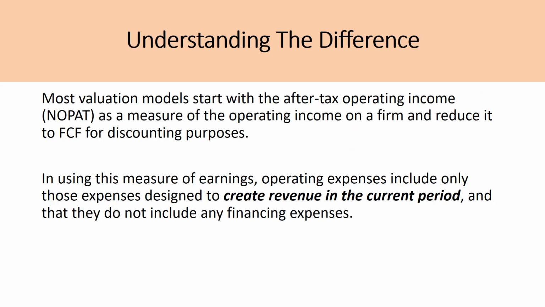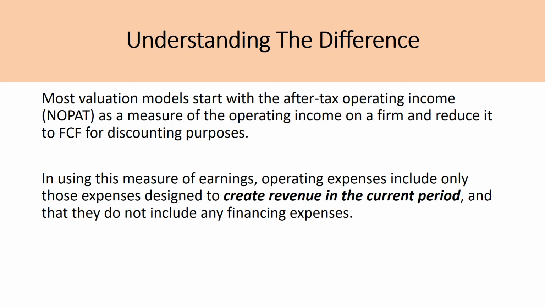Most valuation models start with the after-tax operating income as a measure of the operating income of a firm and reduce it to free cash flow for discounting purposes. Using this measure of earnings, operating expenses include only those expenses designed to create revenue in the current period, and they do not include any financing expenses. So when we calculate our unlevered free cash flow, we start at EBIT. We take away taxes. We then get NOPAT, net operating profit after tax.